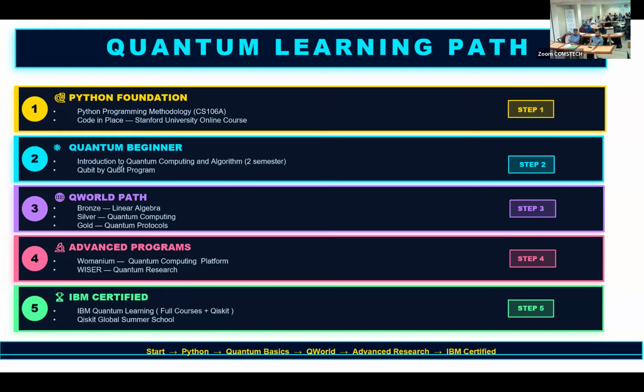You can do any of these courses at that time, because in the night or evening you are mostly free. Or if you can't take the lecture online, their videos are also available. But taking it live, you can ask different questions if you are not getting something. These are very, very good courses. Then comes the Qworld.